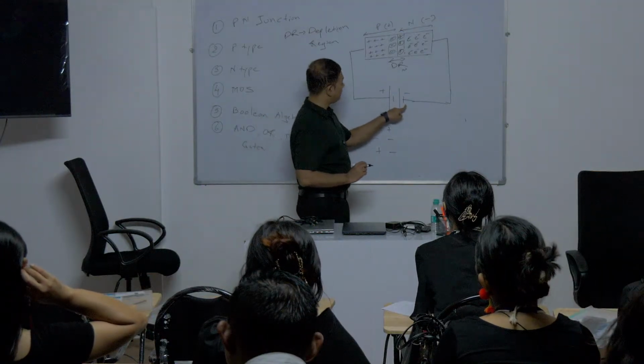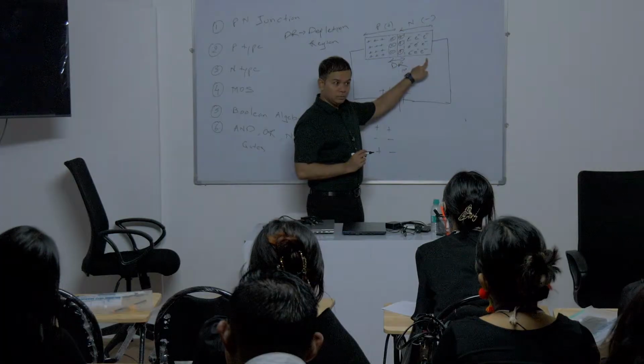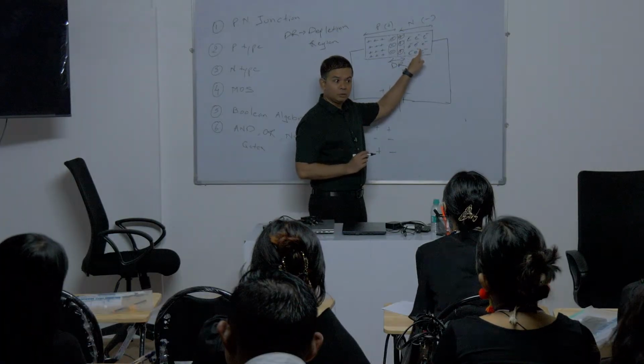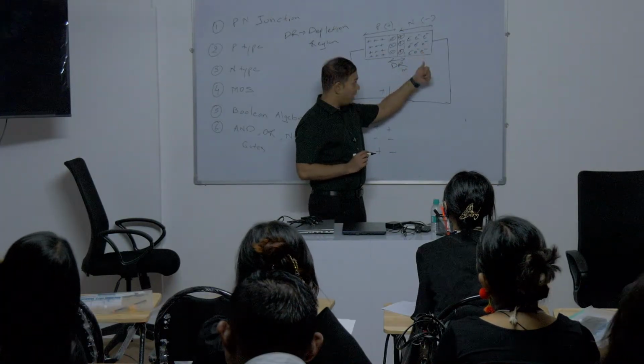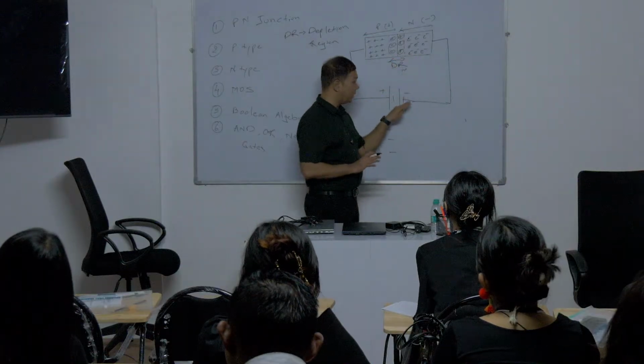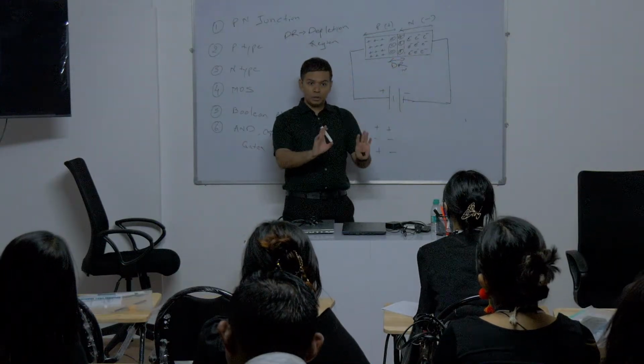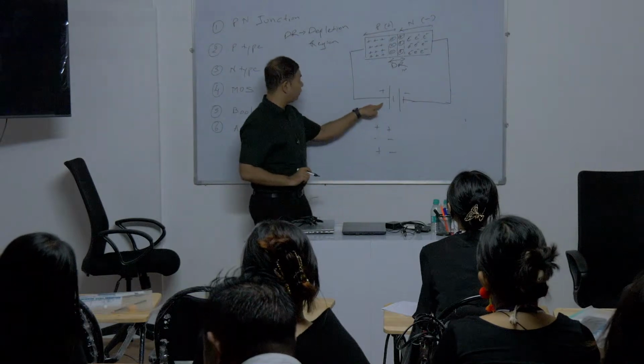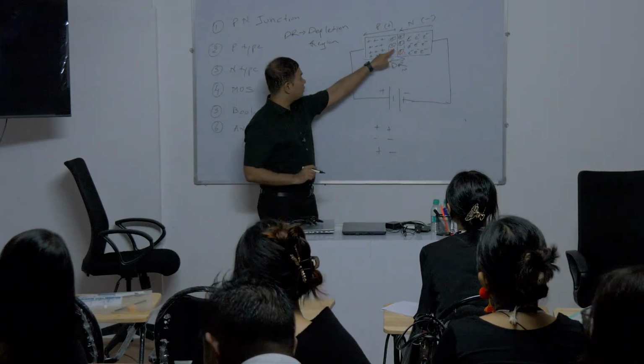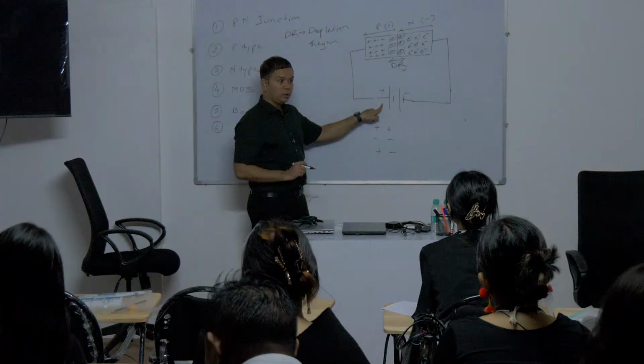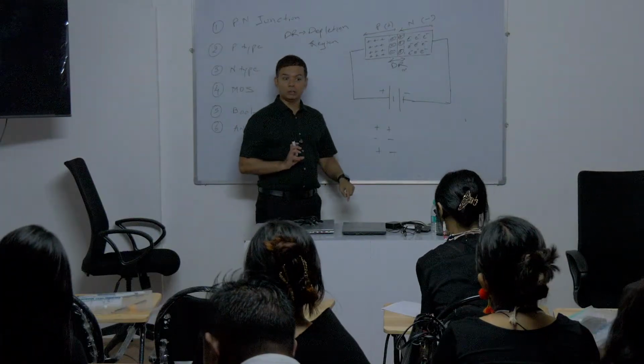So over here negative is connected to negative. So what will happen to the electrons? Electrons will start to move because this negative charge is going to push, right? And on this side we are connecting positive. So don't you think the electrons will be more attracted to this positive? Because positive and negative attract each other.